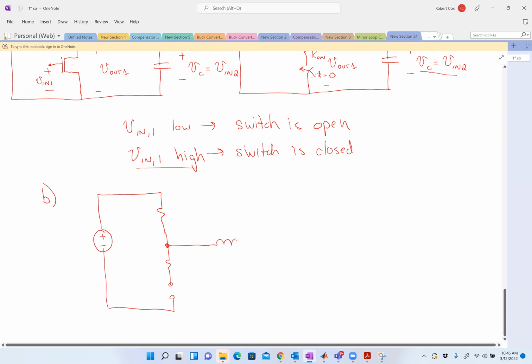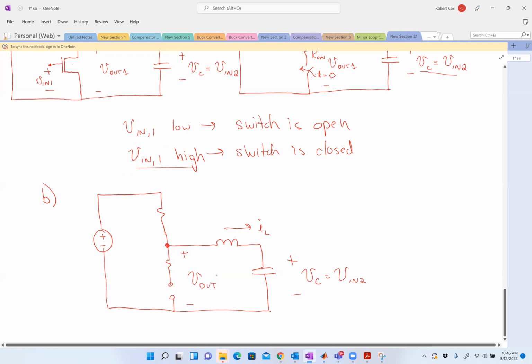And then I have L and C. This is V sub C, or VN2. This is I sub L. The voltage across this series combination of the resistor and the open is V out 1, right? V out 1.